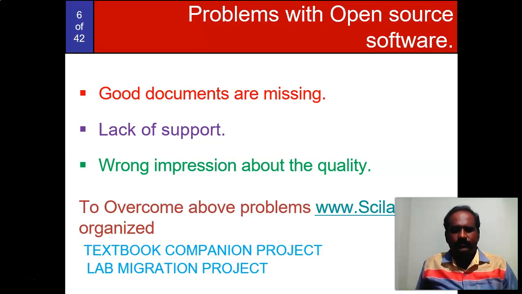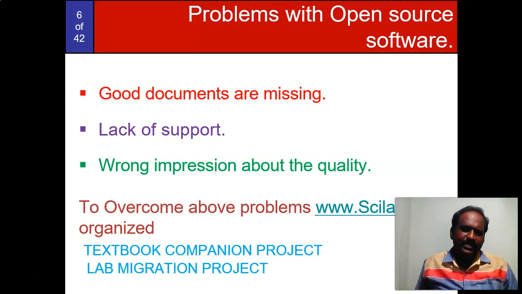students have to solve them, create the programs in Scilab and submit them. For that, they give an honorarium to the students, from 1000 rupees to 12,000 rupees depending upon the quality of the program.